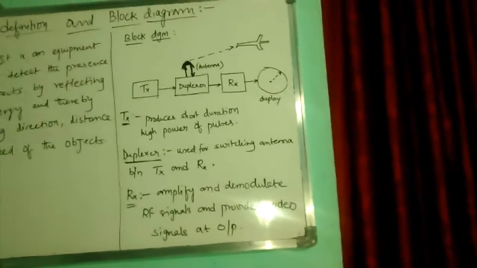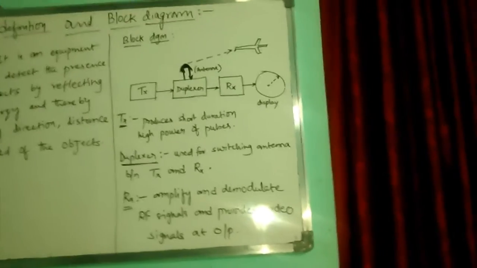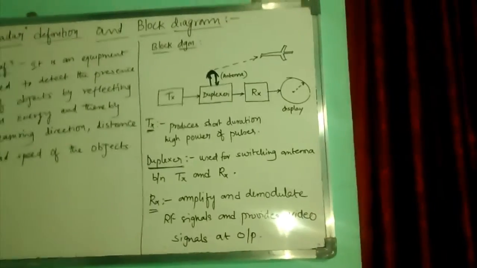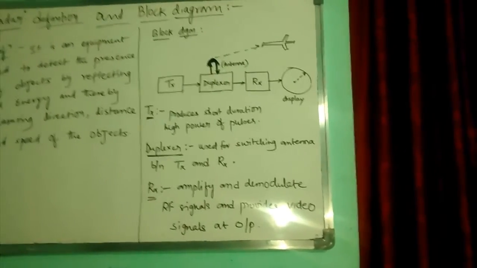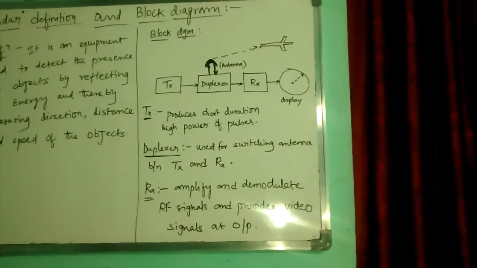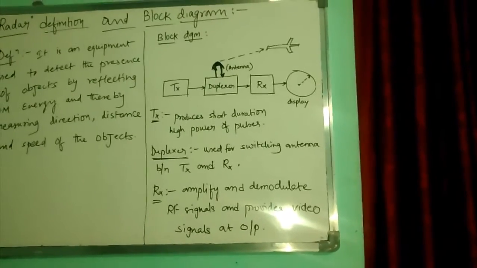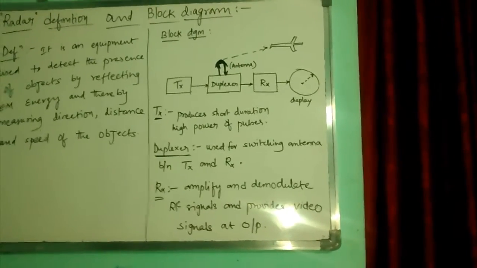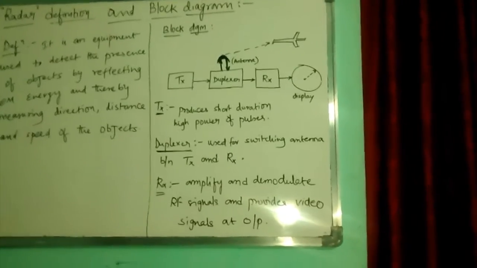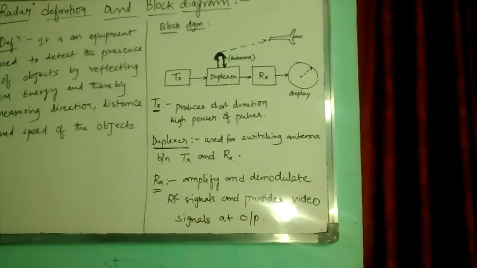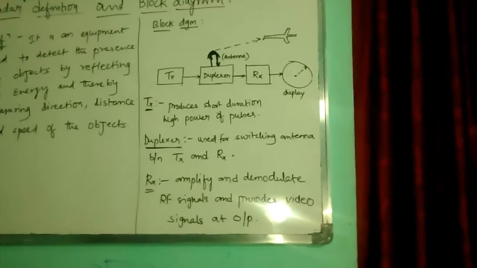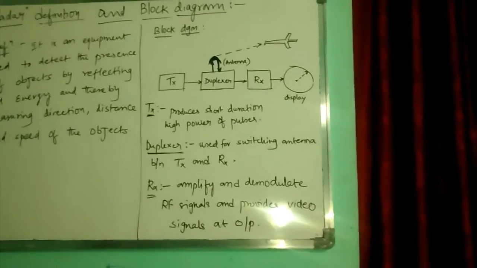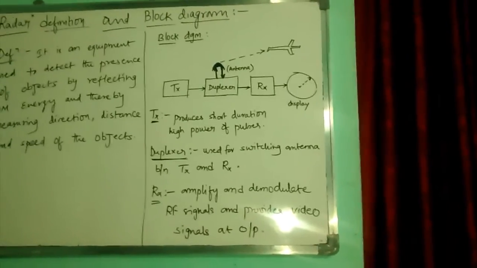See here, the duplexer is used. The main use of the duplexer here is for switching between the transmitter antenna and receiver antenna. As we have the transmitter and receiver on both sides of the duplexer, when you want to send EM energy through space, the duplexer acts as a switch and keeps the receiver off and the transmitter antenna on, thereby radiating the EM energy to the aircraft.